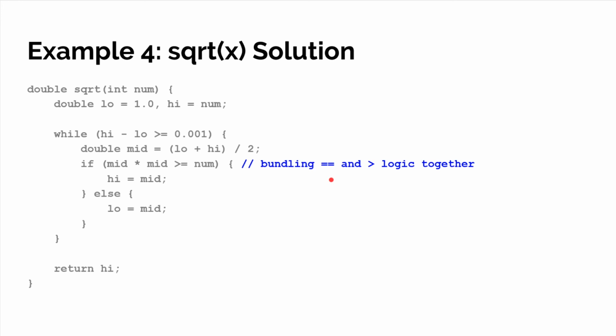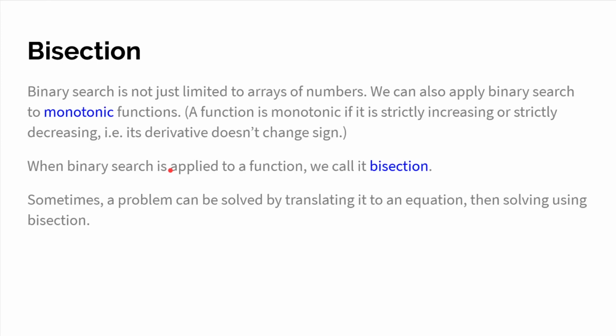We just bundle our equals and greater than logic together, because it's really unlikely that we're ever going to have the exact number, especially when we're calculating square roots. If we bundle this together, it doesn't really change the function, and we can write less code. And we just set high equal to mid if our number is less than or equal to mid times mid, otherwise low is equal to mid. And this is basically the same thing as we had earlier here.